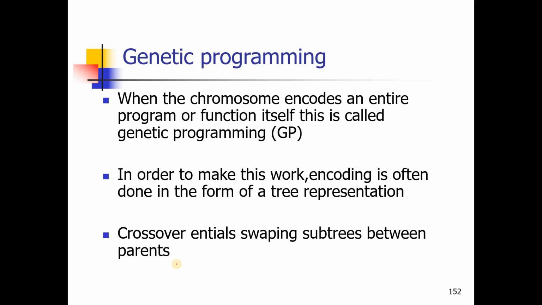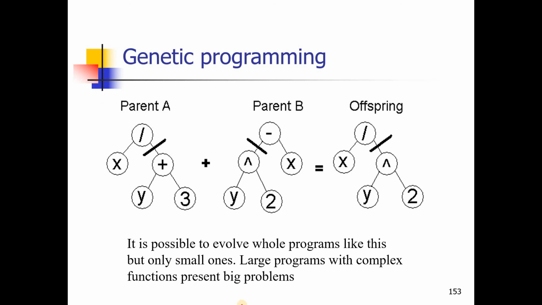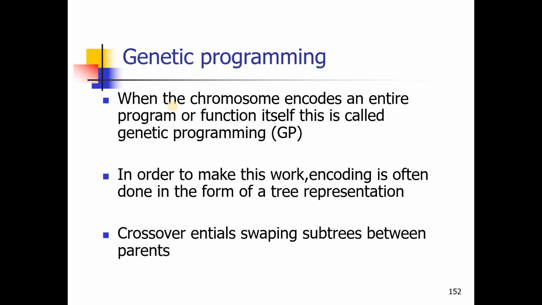The main difference between genetic programming and genetic algorithms is that in genetic algorithms you represent the states as strings, but here we represent the states as a program represented by a tree. That is the important difference. A chromosome represents an entire program or a function itself, and then we call it genetic programming.